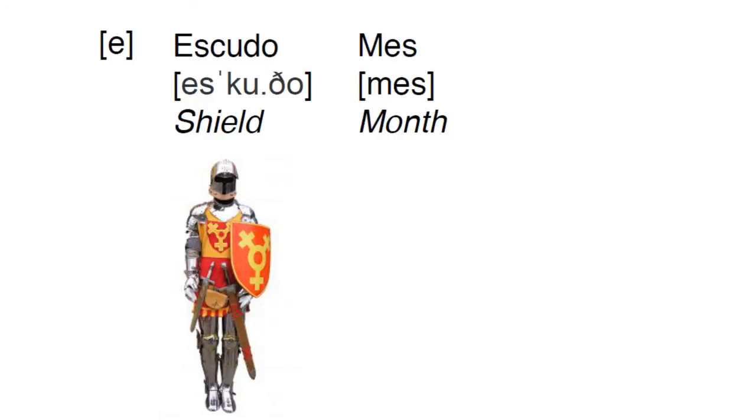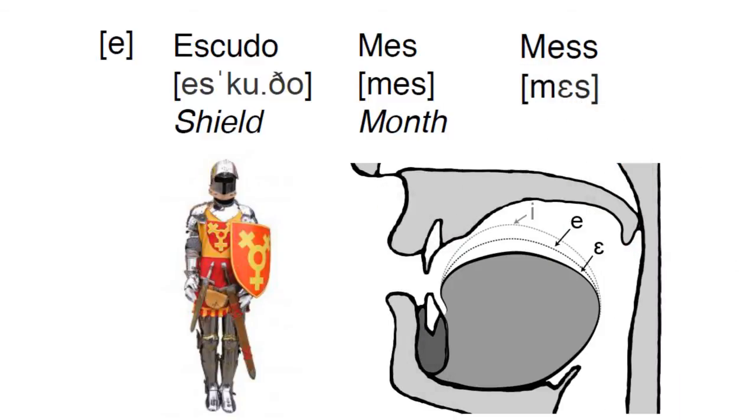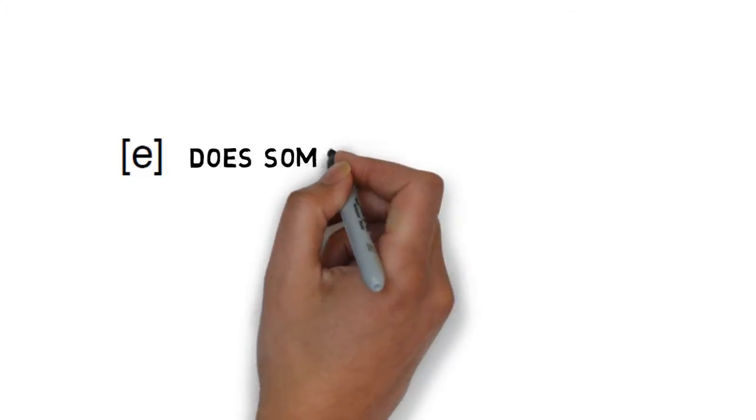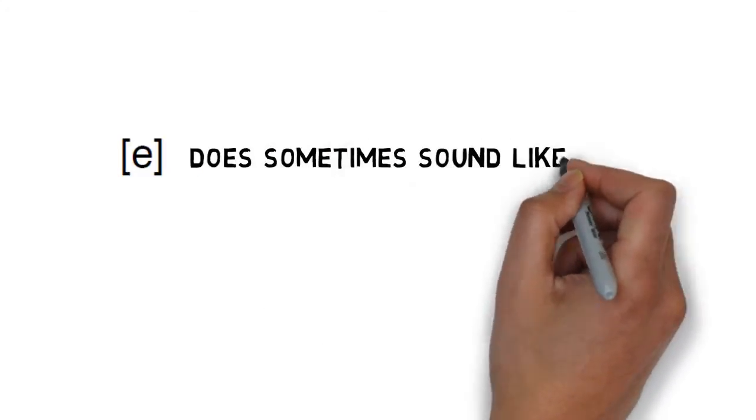Here's where we'll take advantage of our earlier discussion about vowel height. Remember how one vowel was high up in your mouth and another was in the middle of your mouth? Well, Spanish's E tends to be in between these two. So English has mess and Spanish has mes. I say that this vowel tends to be in between because you will sometimes hear an E that is practically the same as English's E. That's something that happens quite a bit in languages with as few vowels as Spanish.